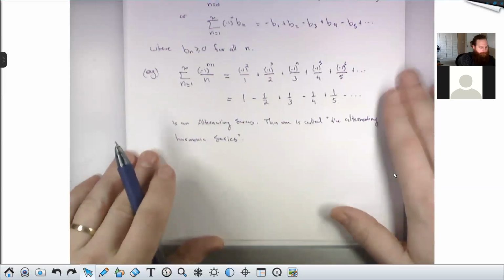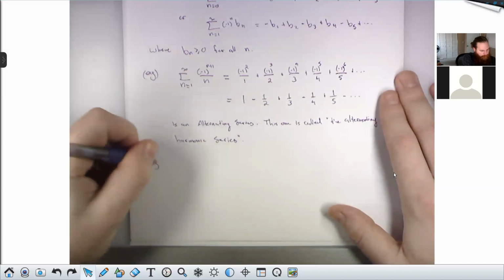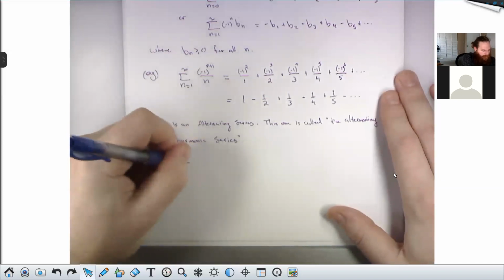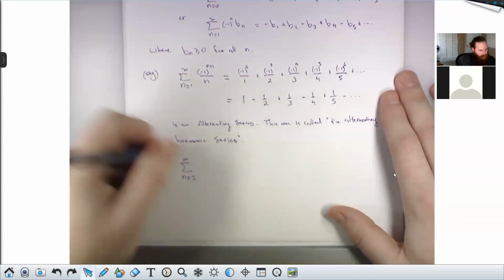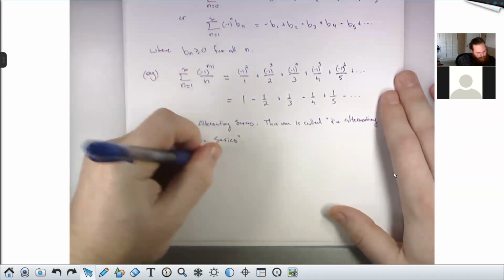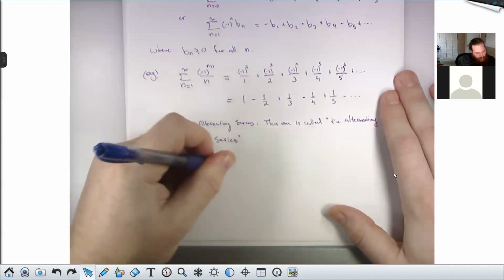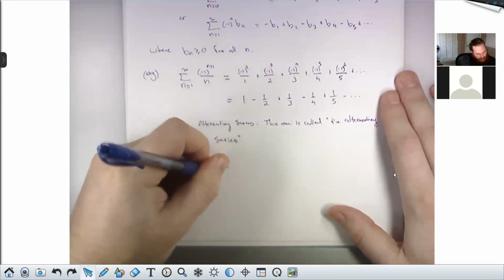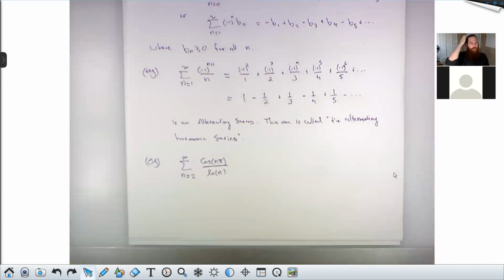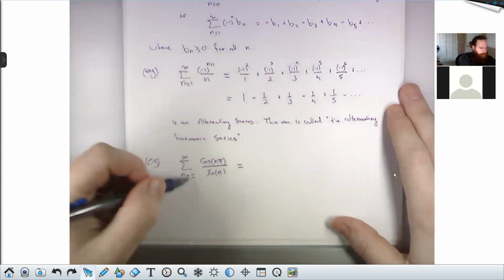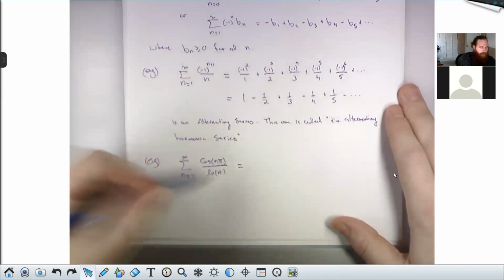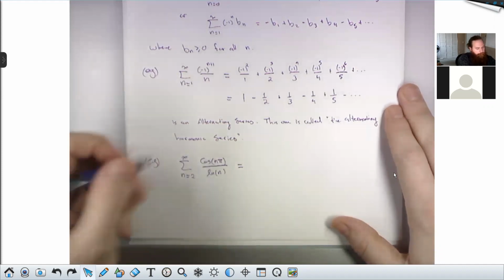Another example. This one, believe it or not, is an alternating series. I'll show you why. That's the sum from 2 to infinity of cos n pi over the natural log of n.